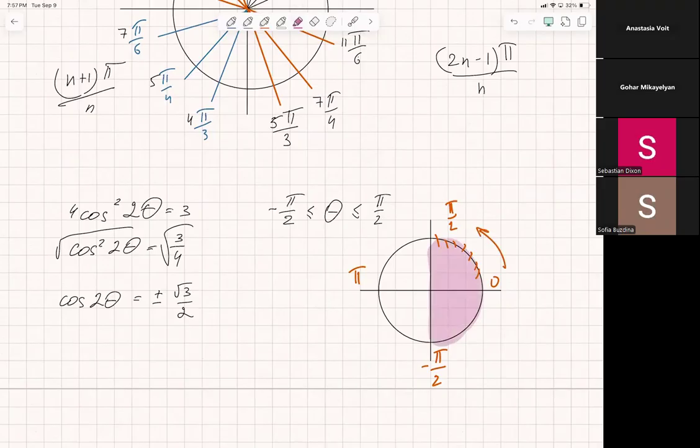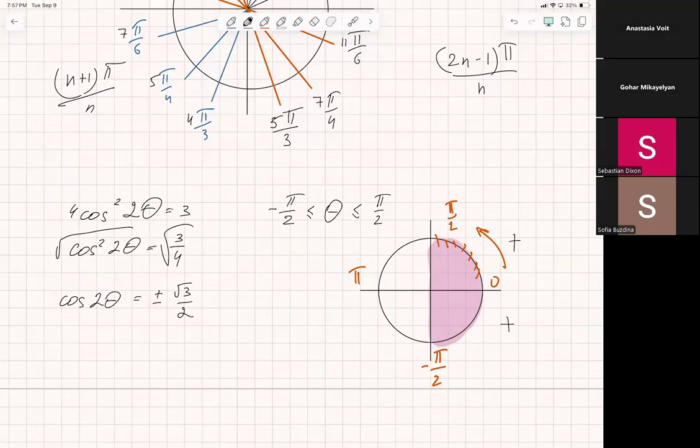Right? And from the answer that we got, we have plus or minus square root of 3 over 2. But since the domain in our case is from negative pi over 2 to pi over 2, we do not have a negative answer for my cosine, because cosine is always positive in the first and the fourth quadrant, right?